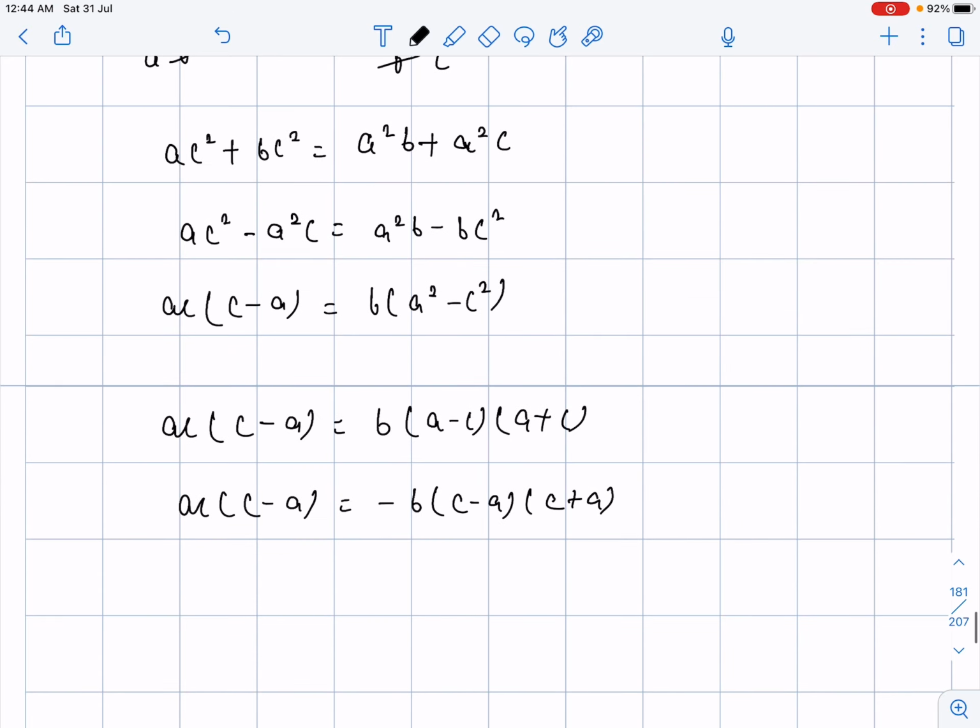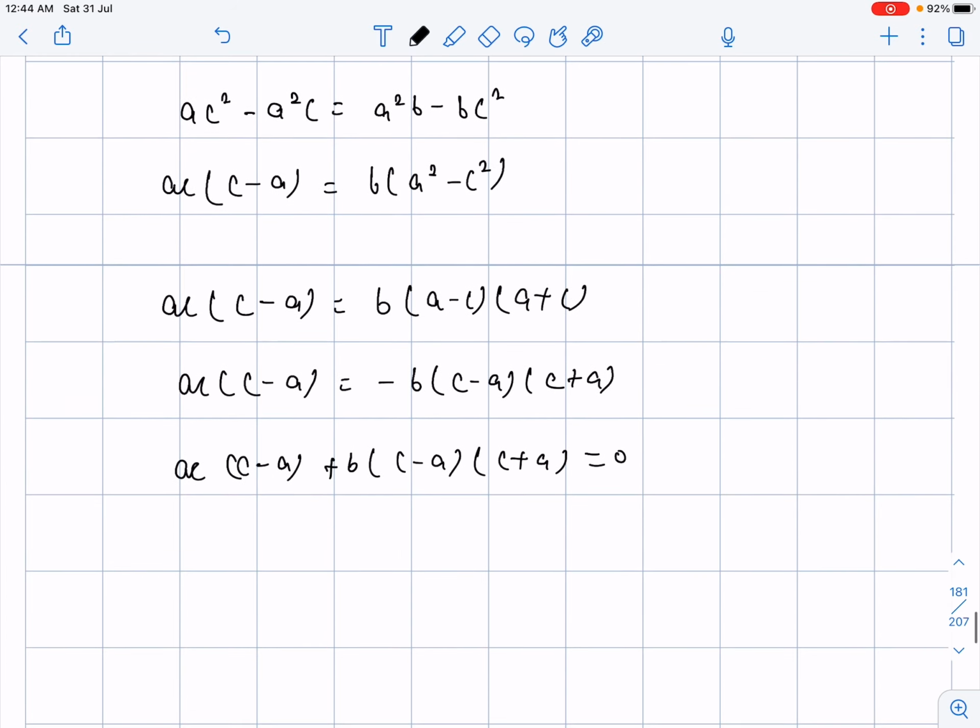Now let's bring everything on one side. So ac multiplied by c minus a plus b times c minus a multiplied by c plus a is equal to 0. Now let's get c minus a as a common factor. So c minus a multiplied by ac plus bc plus ab is equal to 0.